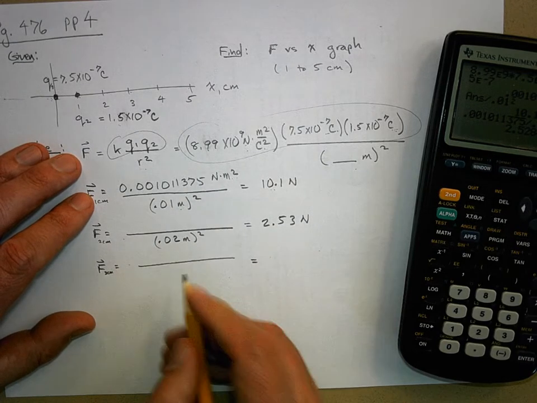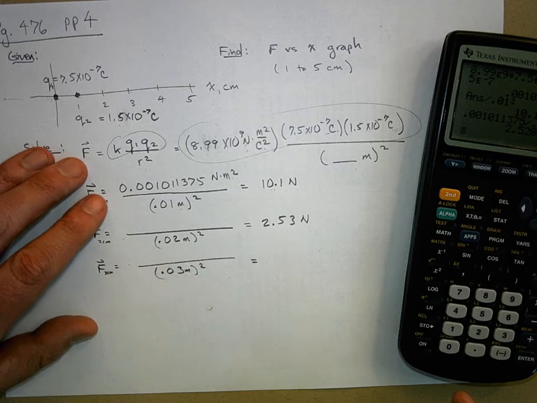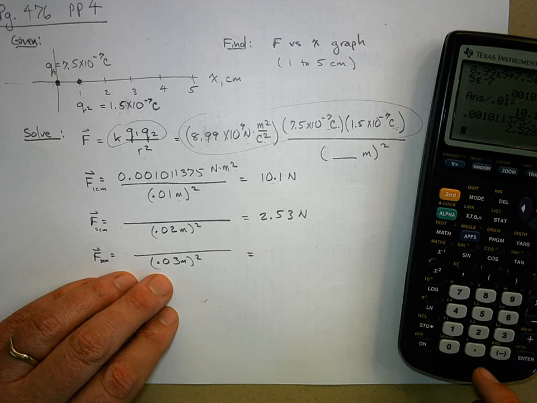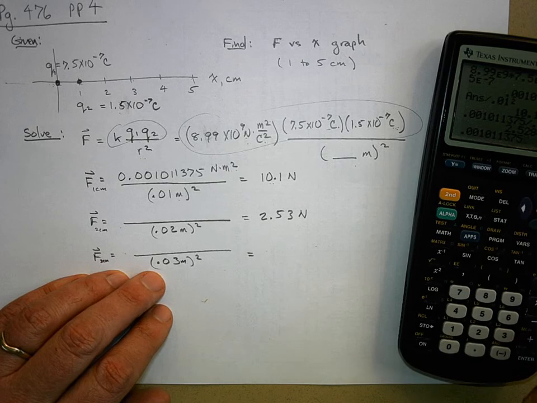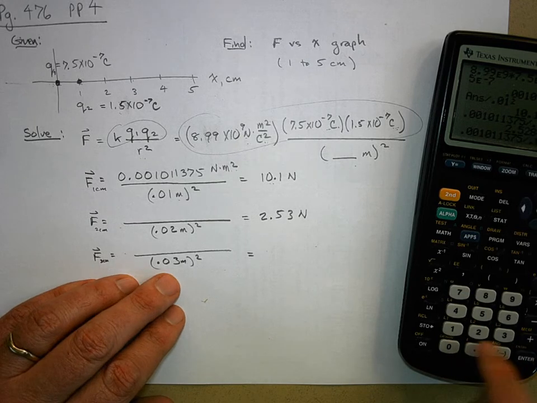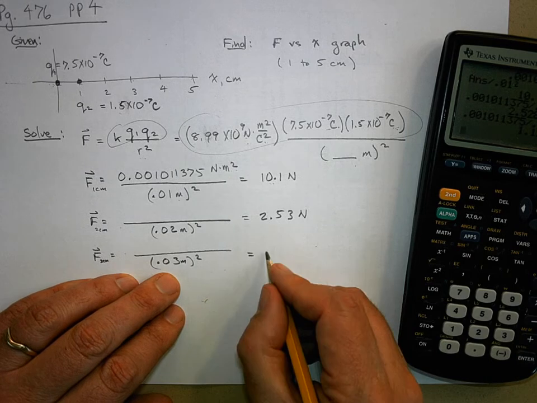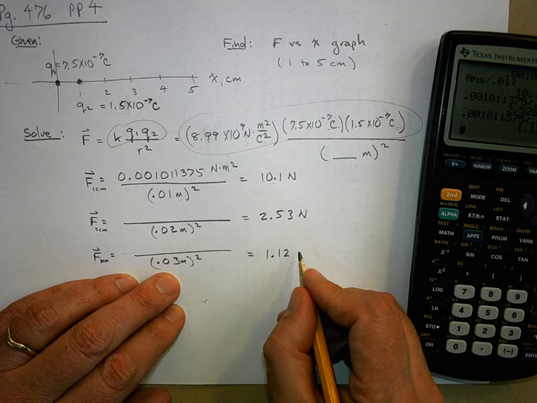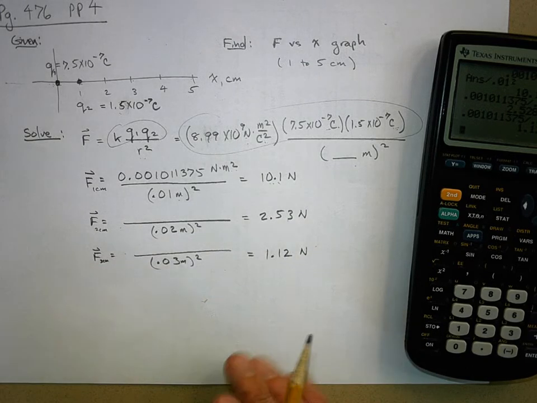So that's going to be 0.03. And you get 1.12 newtons. Notice it's getting less and less.